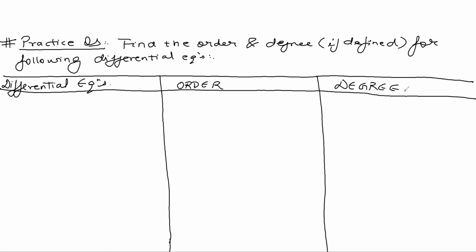So let's look at the equation. First equation is dy by dx minus cos x equal to 0.